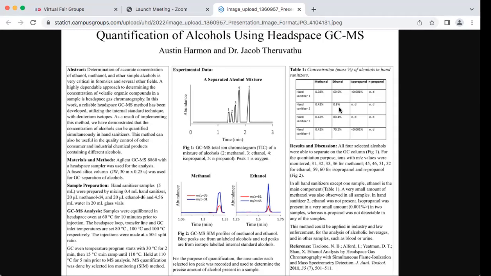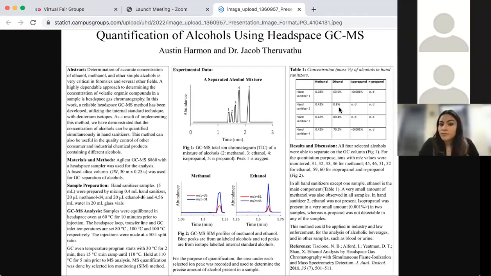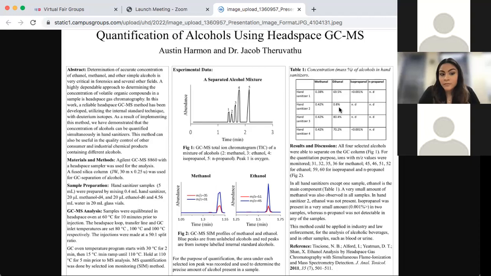Can you disclose any of the brands you used to test? I'm not aware of the particular brands, but one of the hand sanitizers we obtained from one of the hand sanitizer dispensers in the school, but I don't remember what brand that was.